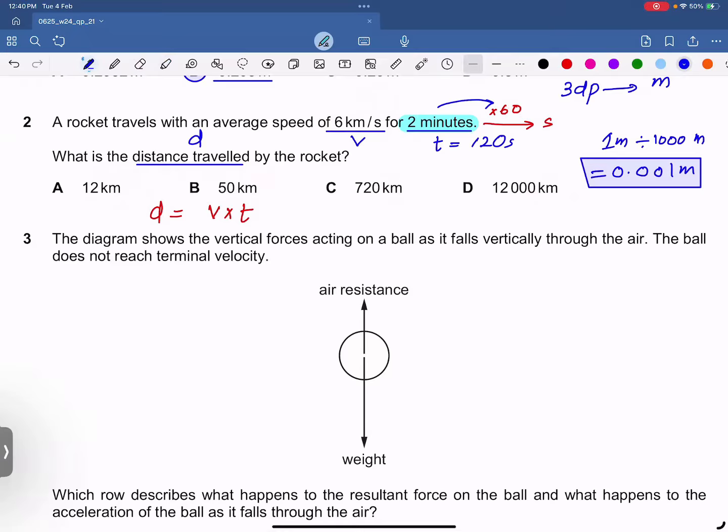The distance will be speed, 6 kilometers per second, multiplied by 120. 6 times 120 is 720 kilometers, the option C. So you needed to change minutes into seconds. To change minutes into seconds, you have to multiply by 60. Let's proceed to question number 3, my dear students.